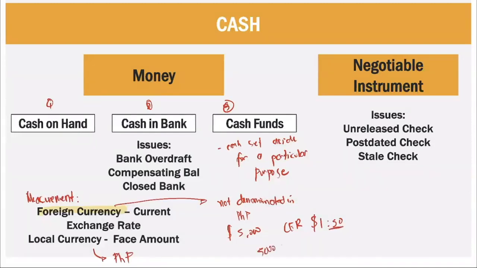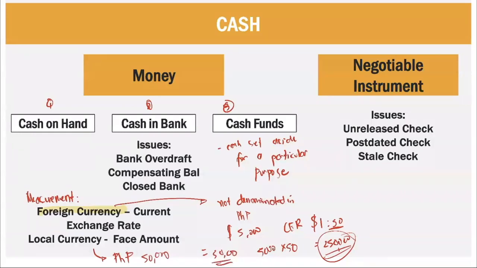So 5,000 times 50, we have here 250,000 pesos. That is for money considered as a foreign currency. How about a money that is considered a local currency? We measure it at face amount. So if the money is 50,000, you should measure it at the amount itself, its face, 50,000.